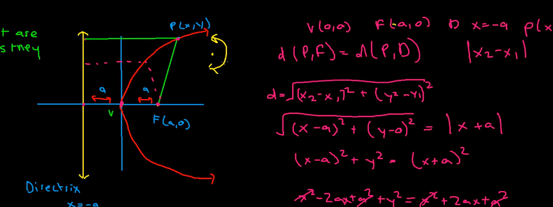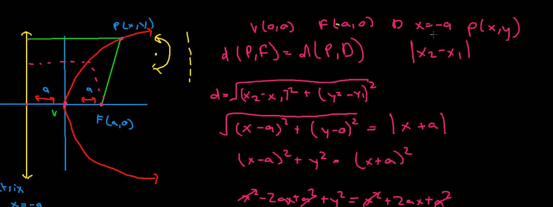And if the focus is a negative value, the directrix is the same distance over here, but it's going to be the opposite sign because it's going the opposite direction. So the directrix is going to change to a positive value. So all that happens is that the a changes sign.